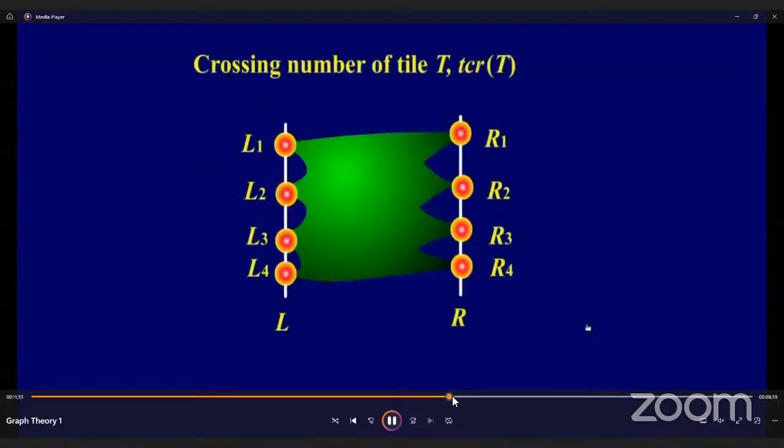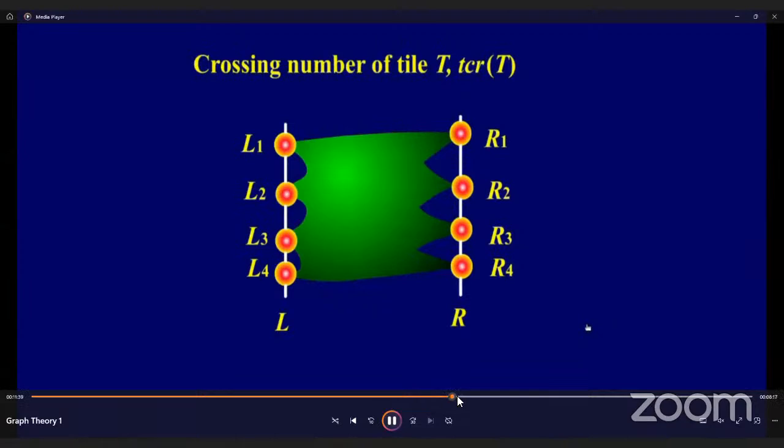It looks like this. So this is a graph, and it is called a tile. L1, L2, L3, L4 are the left wall, dinding kiri, and R1, R2, R3, R4 are the right wall, dinding kanan.